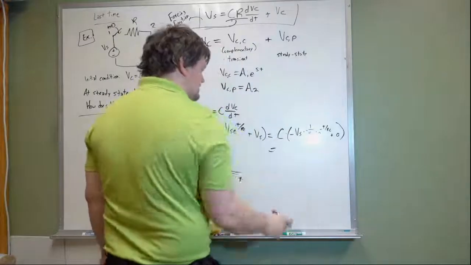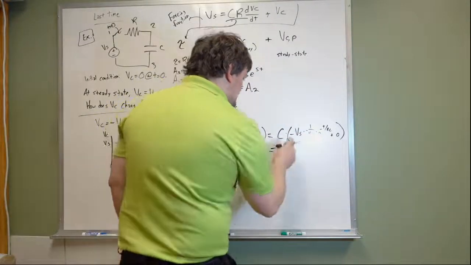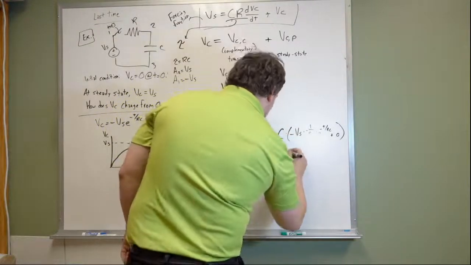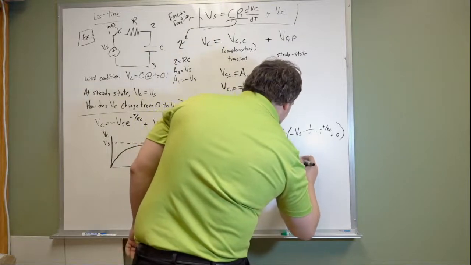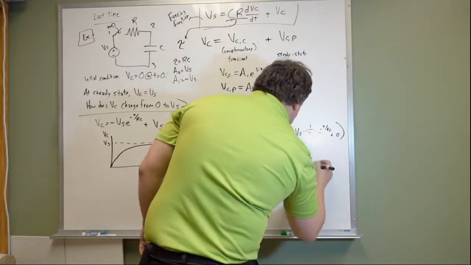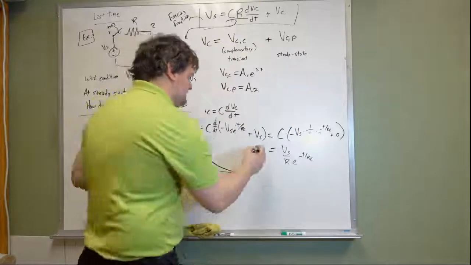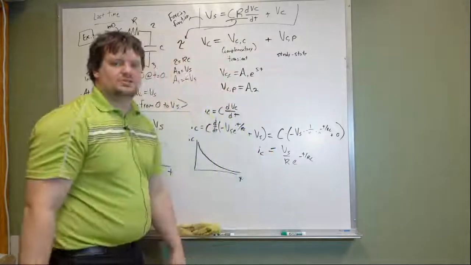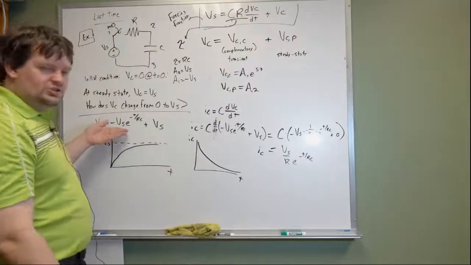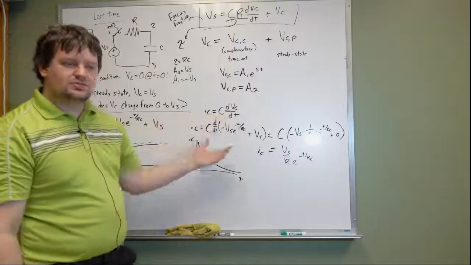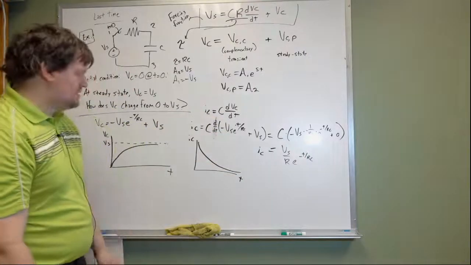Okay, so here these C's cancel out, the negatives cancel out, and you end up with Vs over R e to the negative t over Rc. And that is equal to IC. Okay, that's the equation. We just took this, plugged it into here, solved for that. Okay?